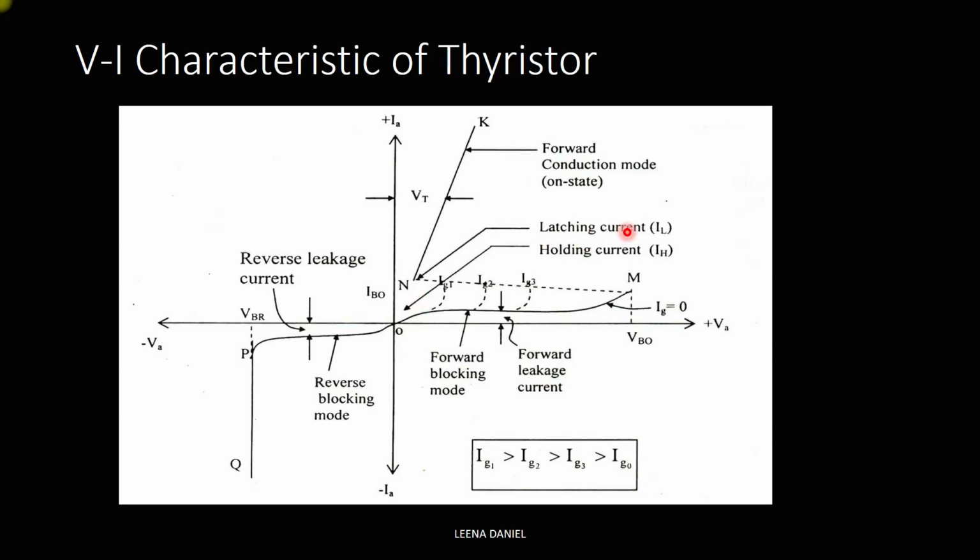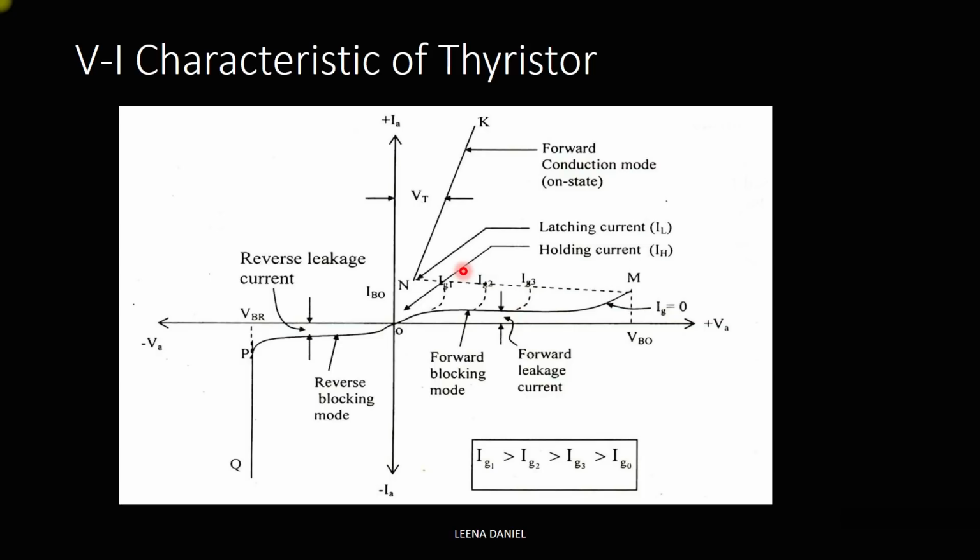So what is latching current? Latching current is the current which we define at the turn on process of the thyristor. When we turn on the thyristor, the control of the gate is lost. We do not need the gate signal across the thyristor once it has moved from off state to on state.